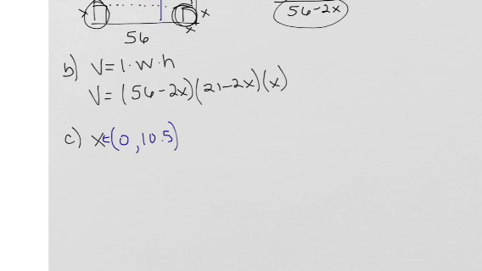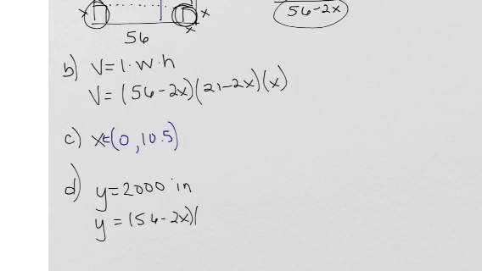Why are we plugging into a graphing calculator? Because part D is asking us to find what cut size will result in a volume of 2,000 inches. So we know that y, our volume, is 2,000. We also know that y equals 56 minus 2x times 21 minus 2x times x. We're going to use our graphing calculator and type y equals.